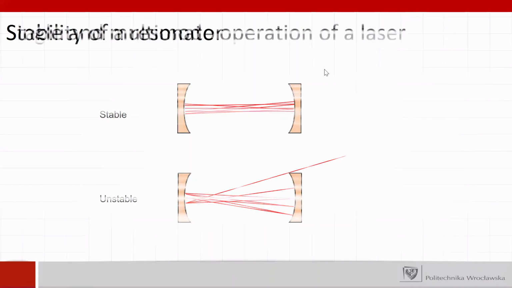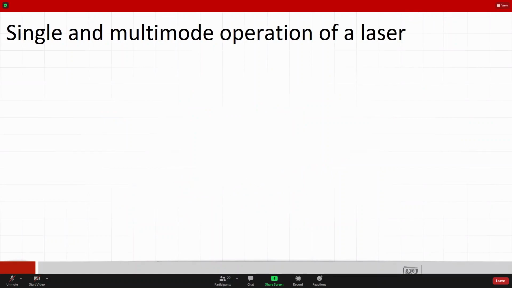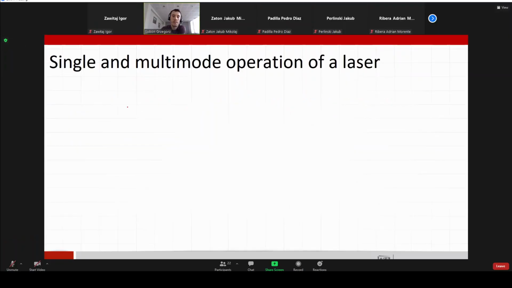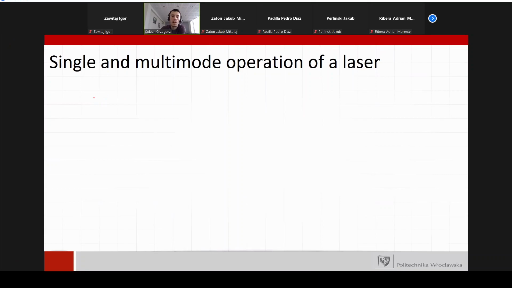But don't confuse it with the single and multi-mode transverse mode operation, right? So it is good to remember that these transverse modes are related to these TEM x, y distributions. So we have the TEM00, right?